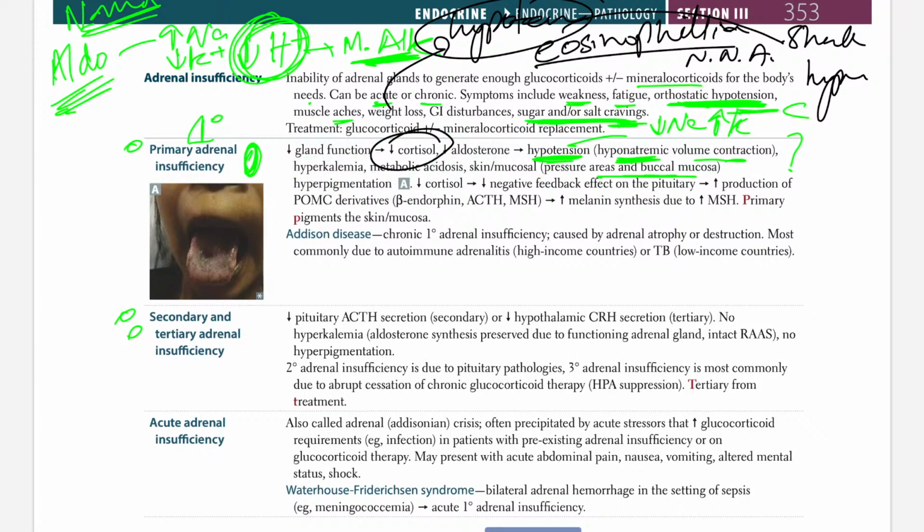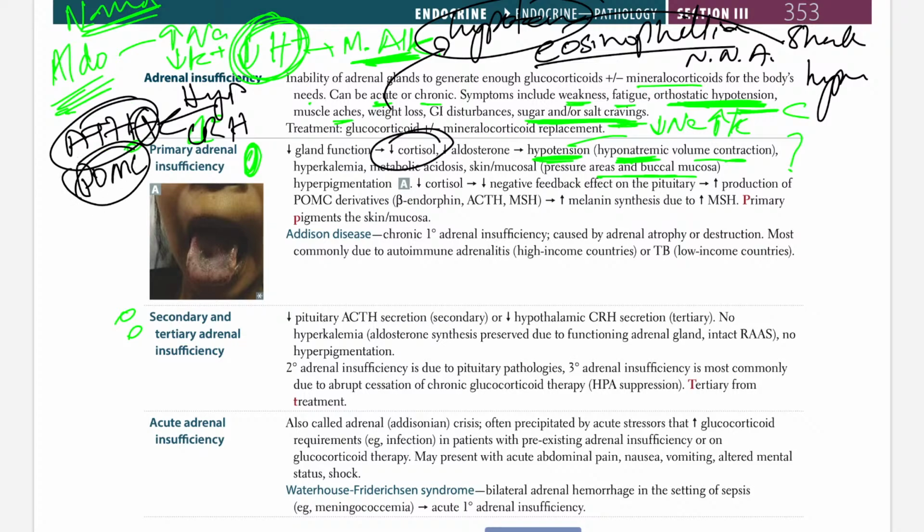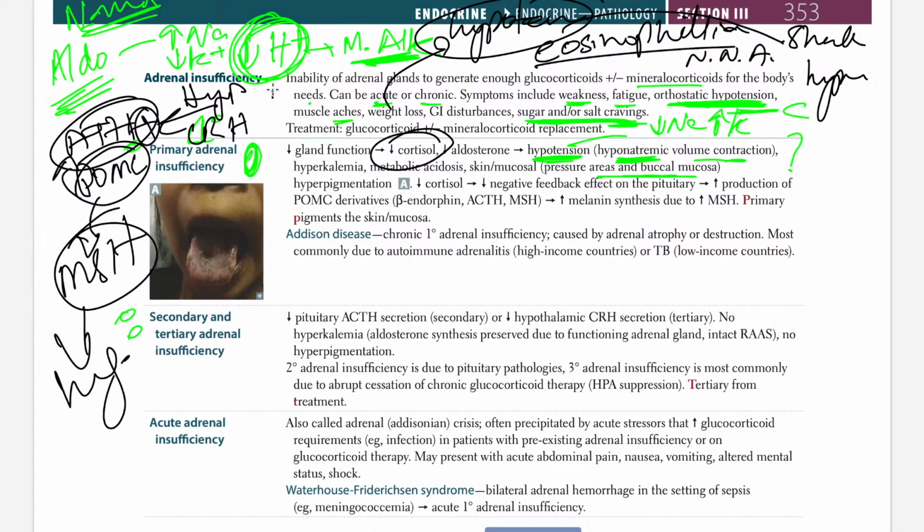Because when you have low cortisol, the ACTH from the anterior pituitary will come up. First of all, your hypothalamus is going to secrete CRH. CRH is going to stimulate your POMC. POMC will release your ACTH, your MSH, everything, leading to hyperpigmentation. So with low cortisol, you have hyperpigmentation.